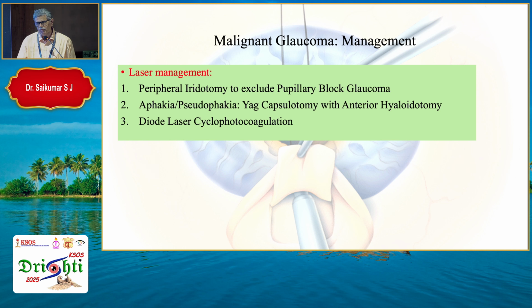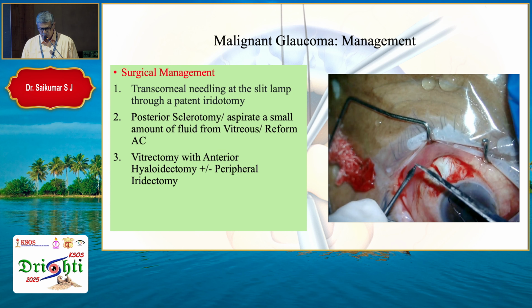That is the definitive treatment of malignant glaucoma. We have had cases of typical malignant glaucoma where we did a pars plana vitrectomy but the PC was intact. Sometimes it recurs, sometimes the whole thing comes back. So you have to have a connection between the two chambers, and that is the only way you can prevent these.